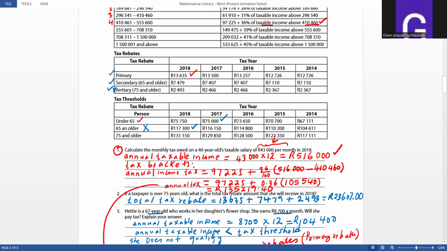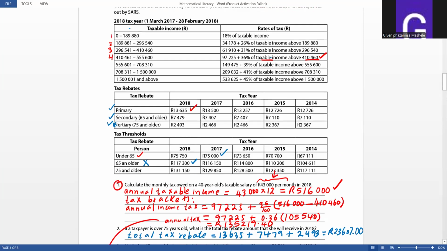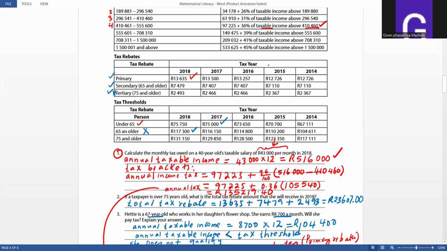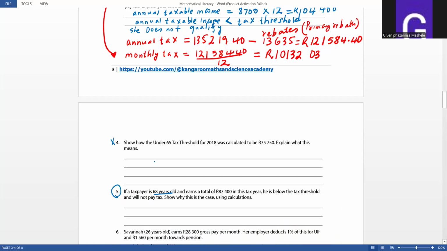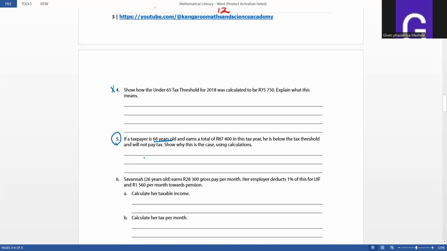Which means you have to calculate 18% of the taxable income. So now the annual tax will be 18 out of 100 multiplied by 87,400.